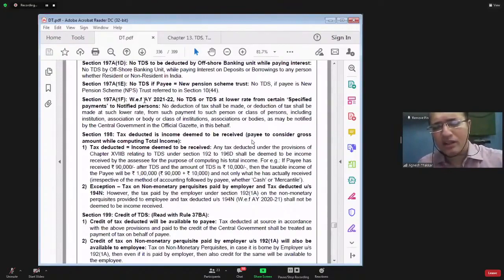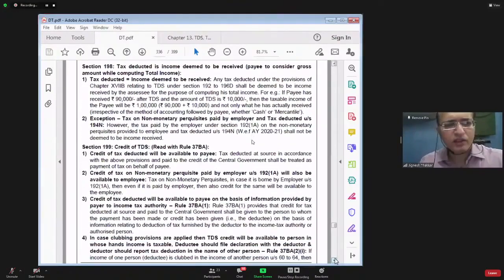Basically, by inserting this section in Budget 2020, the government has now got the right to issue a notification at any point of time, and that notification will mention the name of specified persons. While making payment to those specified persons, you should either not deduct TDS or you should deduct TDS at a lower rate. So this section is introduced just to give the central government the right to issue the notification. So this section 197A is over.